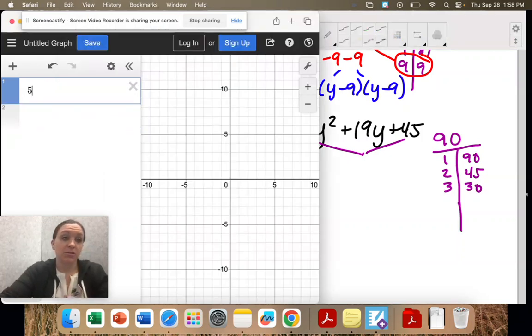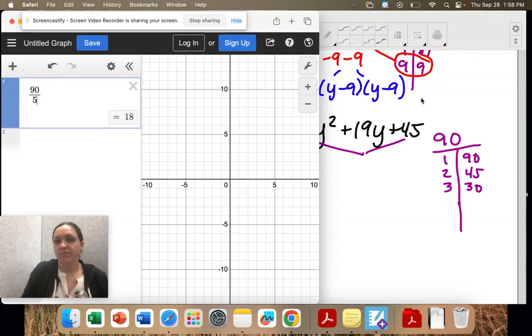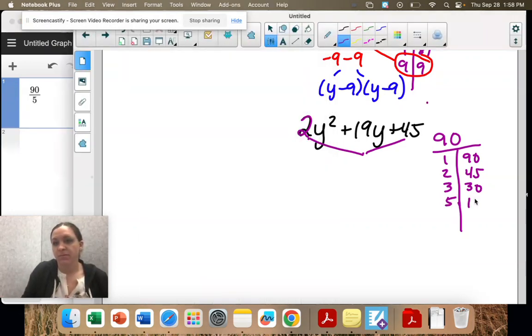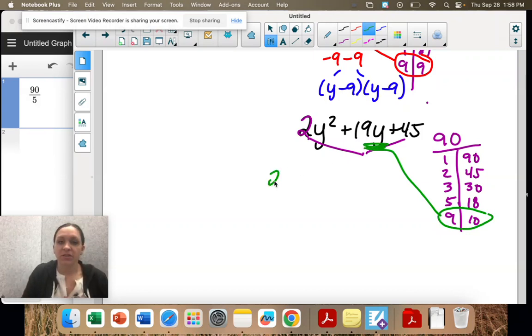I'm going to do 4. Doesn't work. 5 and 18. 9 and 10. That's the one. So I'm going to still have 2y squared, but I'm going to rewrite 19 using these.